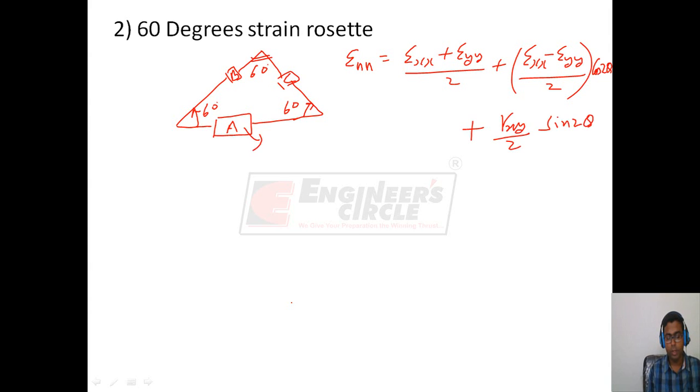Now epsilon A will give us epsilon xx and this will give us epsilon 60 degrees.